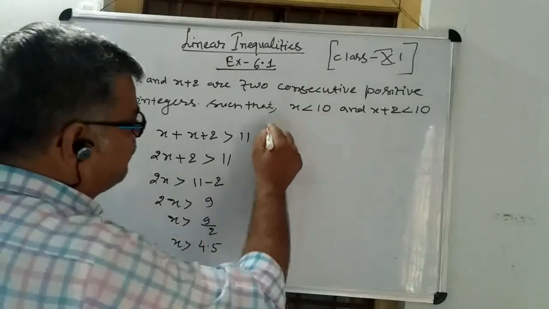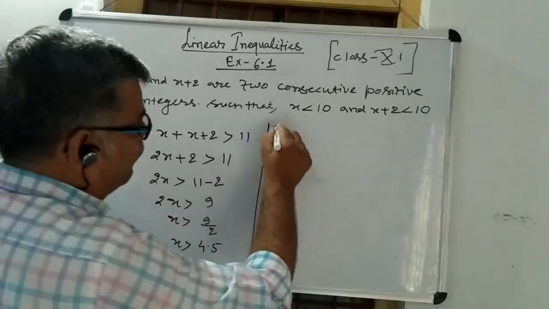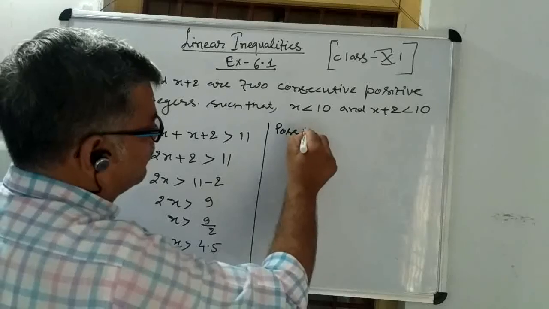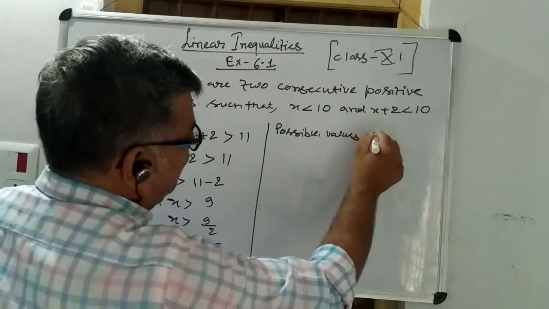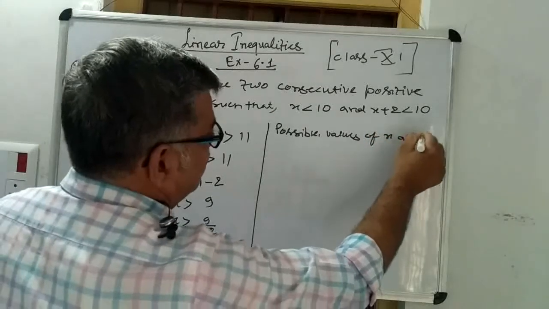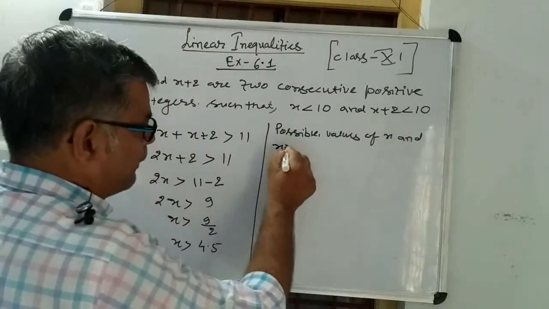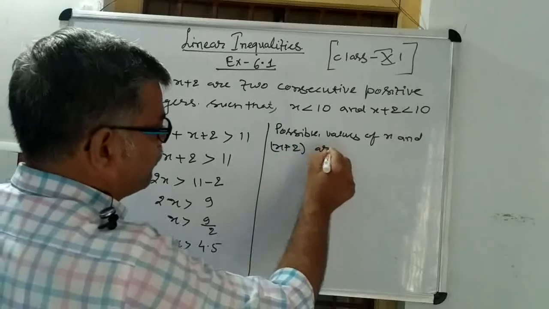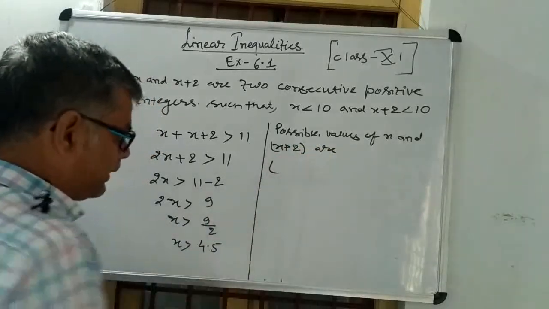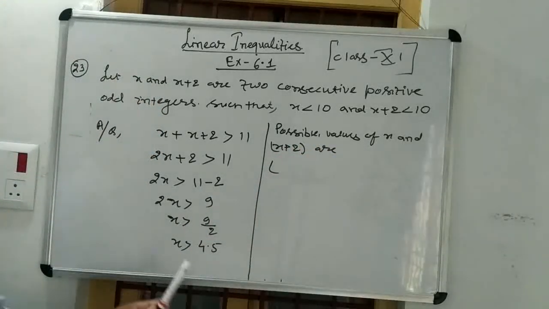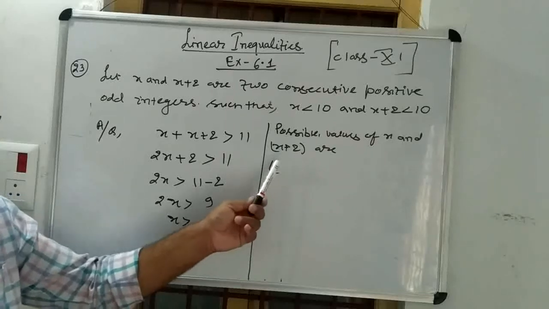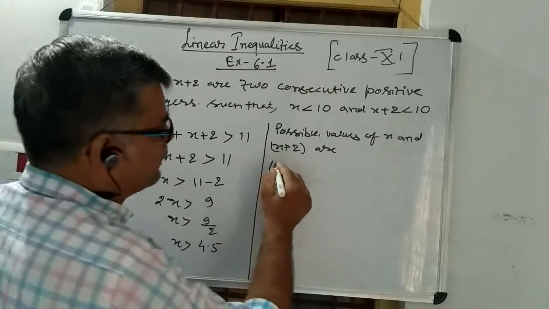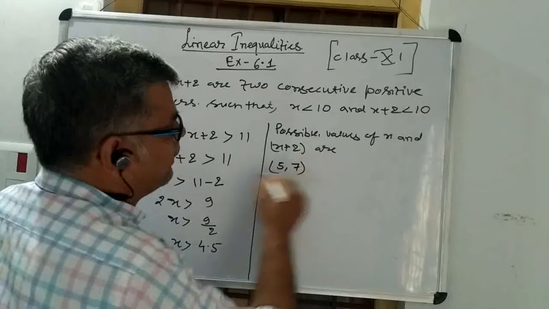So the possible values of x and x plus 2 are: when you take the value of x as 5, then you get x plus 2 equals 7. So your possible solution is 5 and 7.